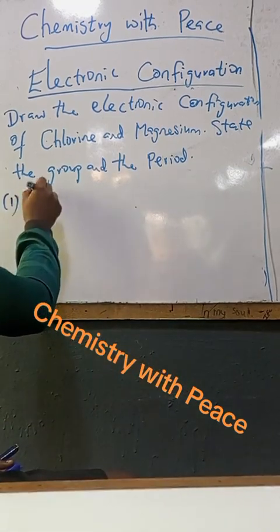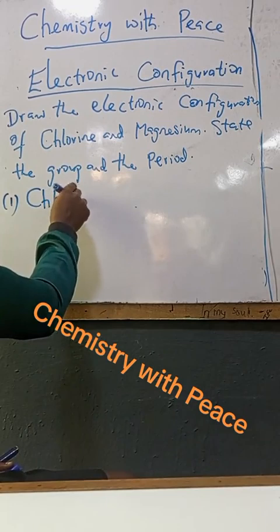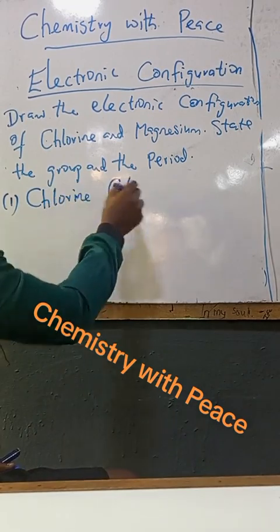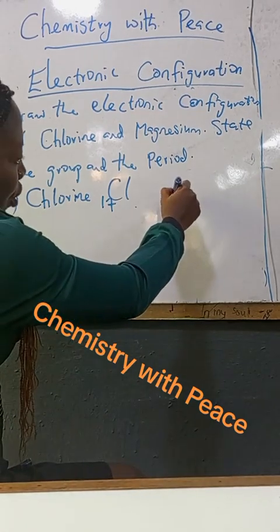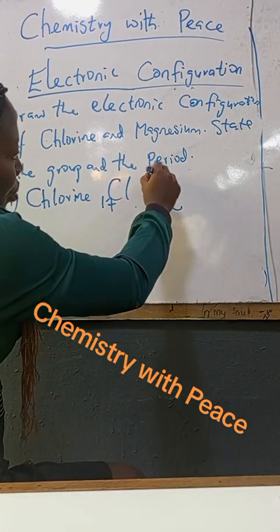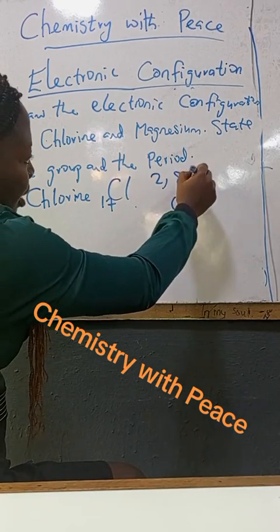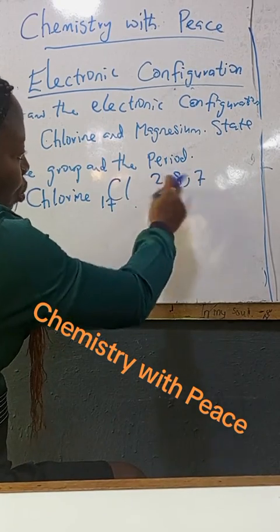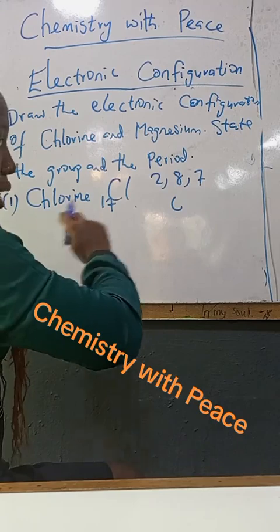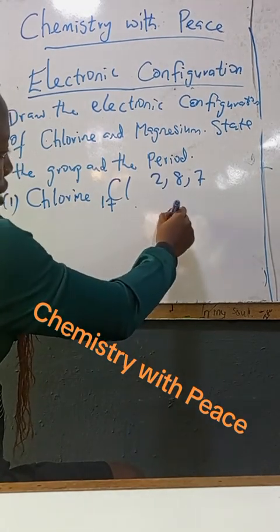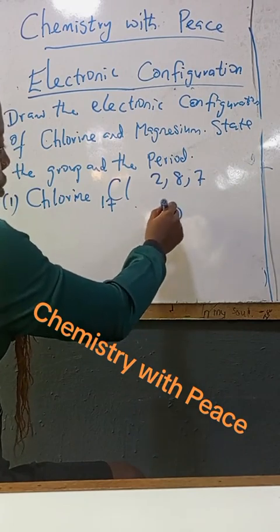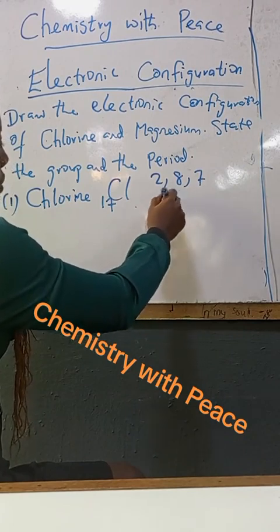The first one says chlorine. Chlorine has an atomic number of 17. So the structure should be 2, 8, 7. 2 plus 8 should be what? 10 plus 7, 17. So to draw it, the first shell should have 2 electrons.